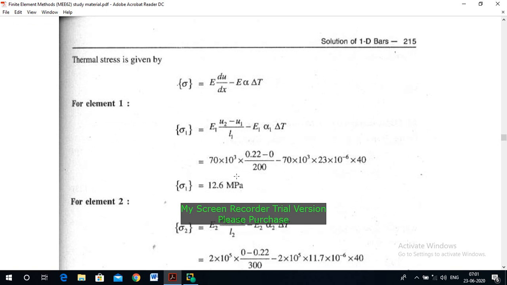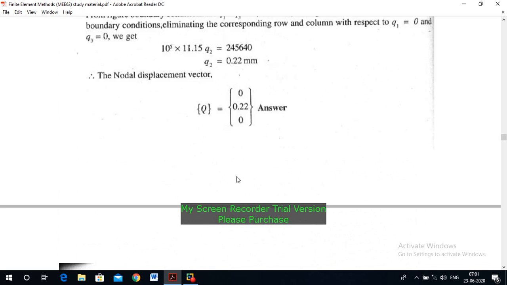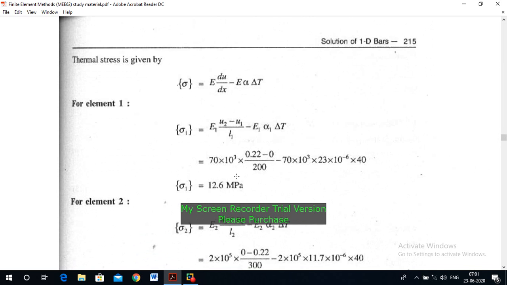U2 is the nodal displacement at node 2, that is U2 is nothing but Q2 only, 0.22 is already here, and U1 is 0 because there is no nodal displacement at node 1, divided by 200, length of element is given, minus Young's modulus of element 1 is 17 into 10 power 3, coefficient of thermal expansion of bar 1 is given, that is 23 into 10 power minus 6, into delta T is given, that is 40.